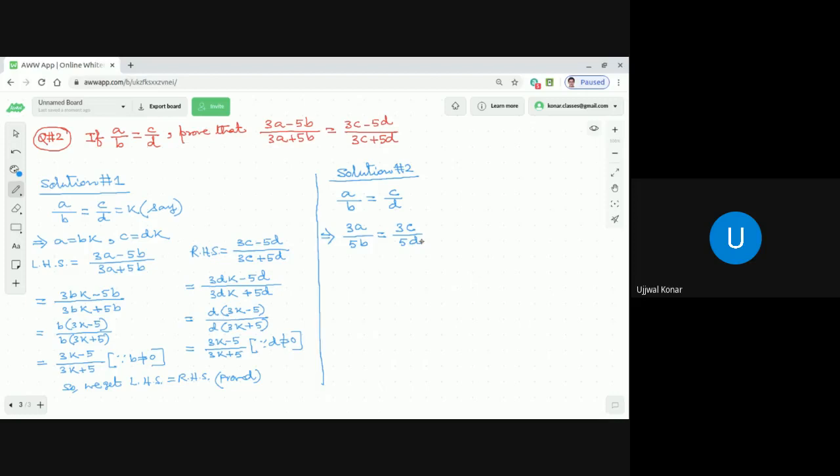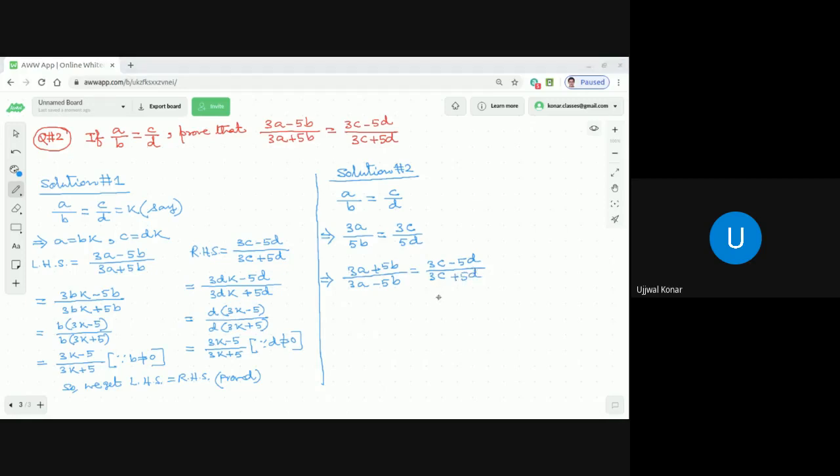Now we are going to use one of the properties we learned today, called componendo-dividendo. That implies (3a plus 5b) divided by (3a minus 5b) is equal to (3c plus 5d) divided by (3c minus 5d).